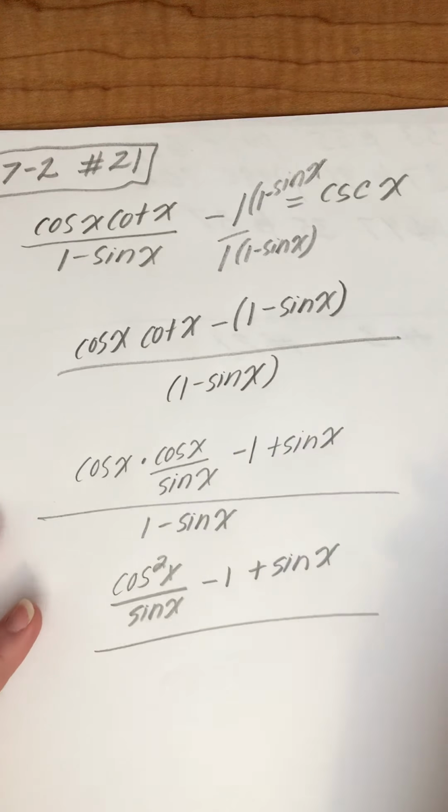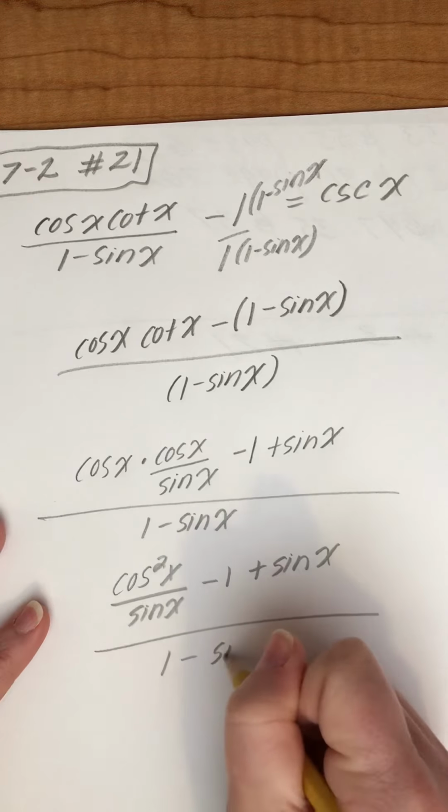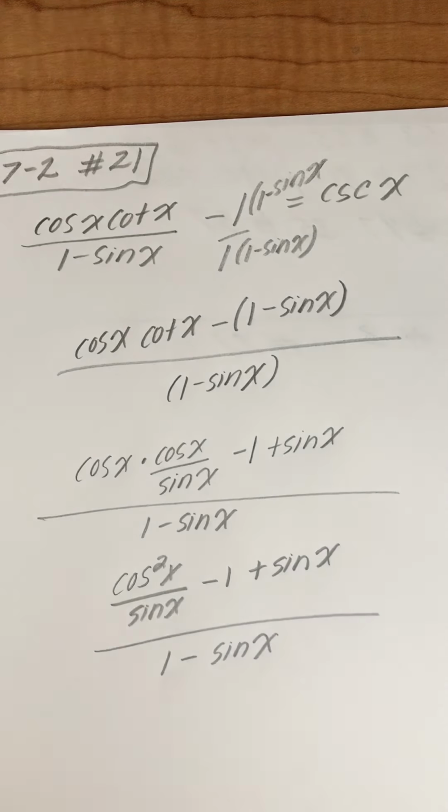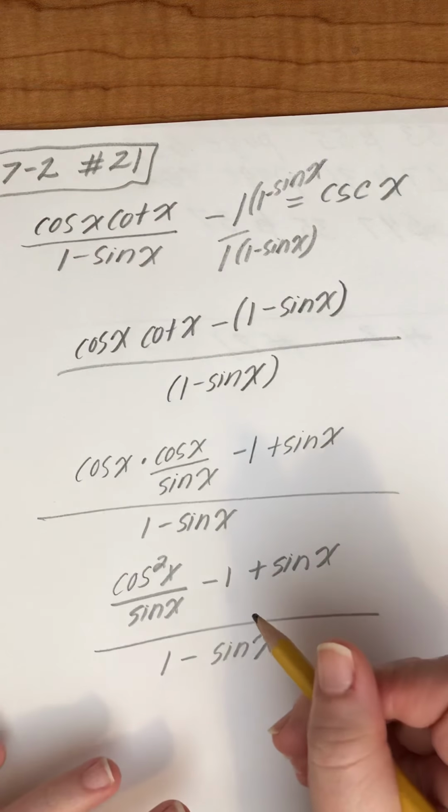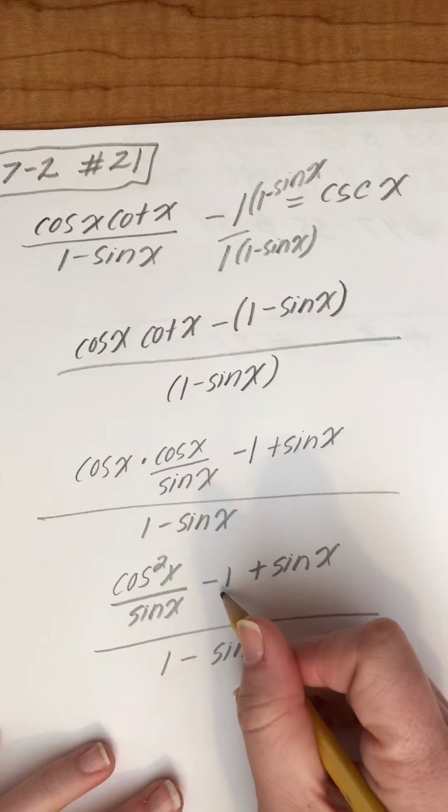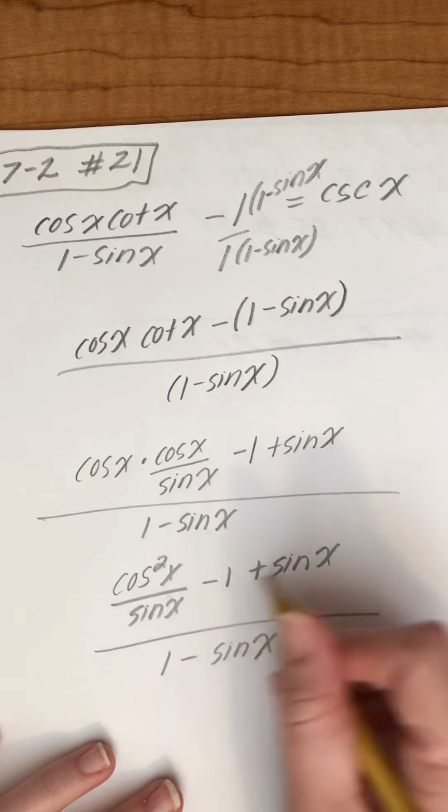And that's all over 1 minus sine of x. Let's continue to look here. Interesting. I hope this person wrote down the problem right, first of all, because that could obviously cause us an issue. All right, so I guess I better get these all together.